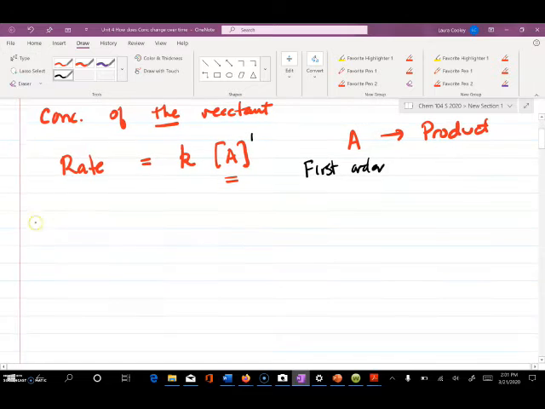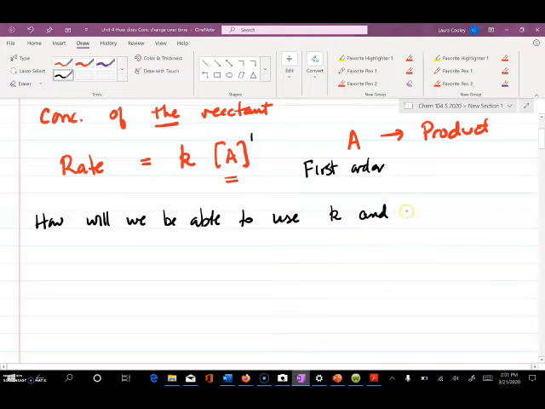So in other words, how will we be able to use k and the time elapsed or the time passed to calculate the change in concentration.